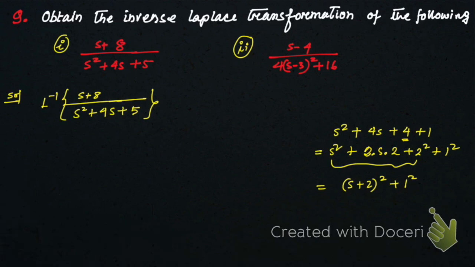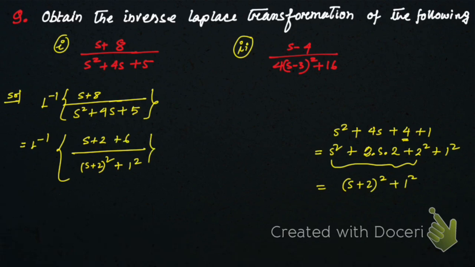So this expression can be written as inverse Laplace transformation of, let me write the denominator first, s plus 2 whole square plus 1 square. Then the numerator: in the numerator you can see there is s plus 8. As we have got here s plus 2, we can express the numerator this way, s plus 2 plus 6, right?